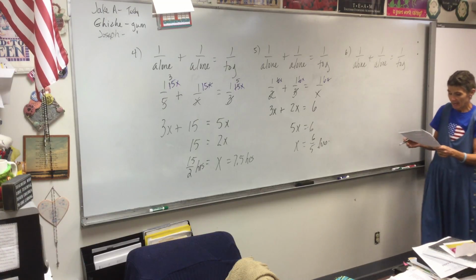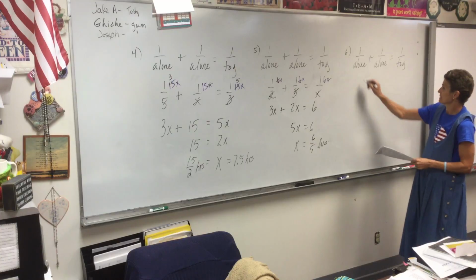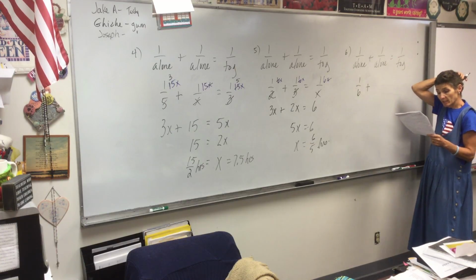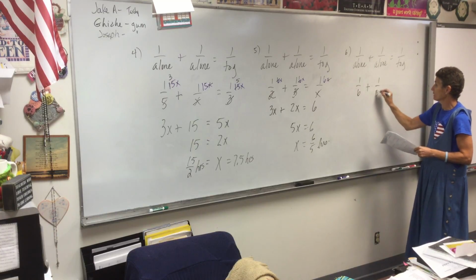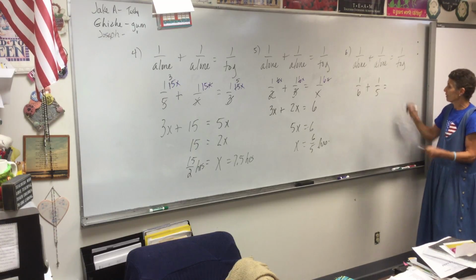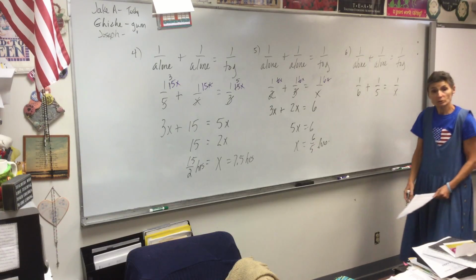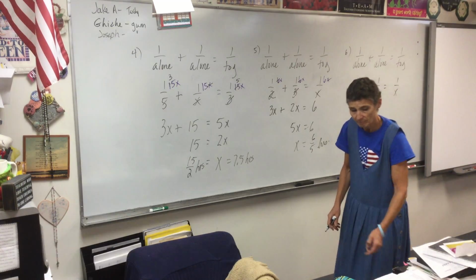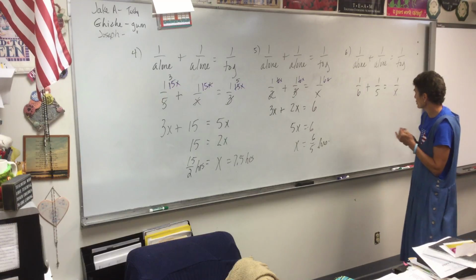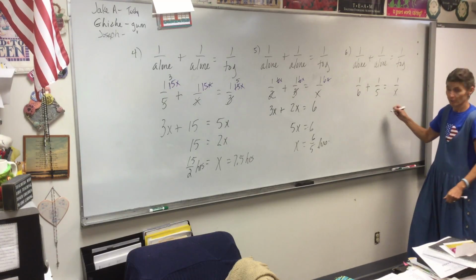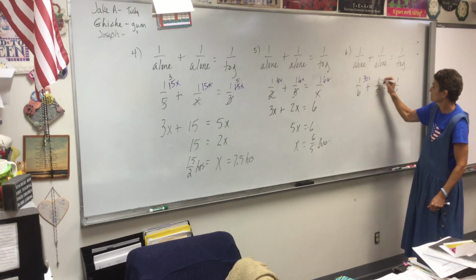One more. Catherine can do the lawn in 6 hours. There's Catherine, 1 over 6. Erica does it in 5. There's Erica, 1 over 5. How long together? Now we're going to multiply through to clear the fraction. So what will clear the fraction? 30x.